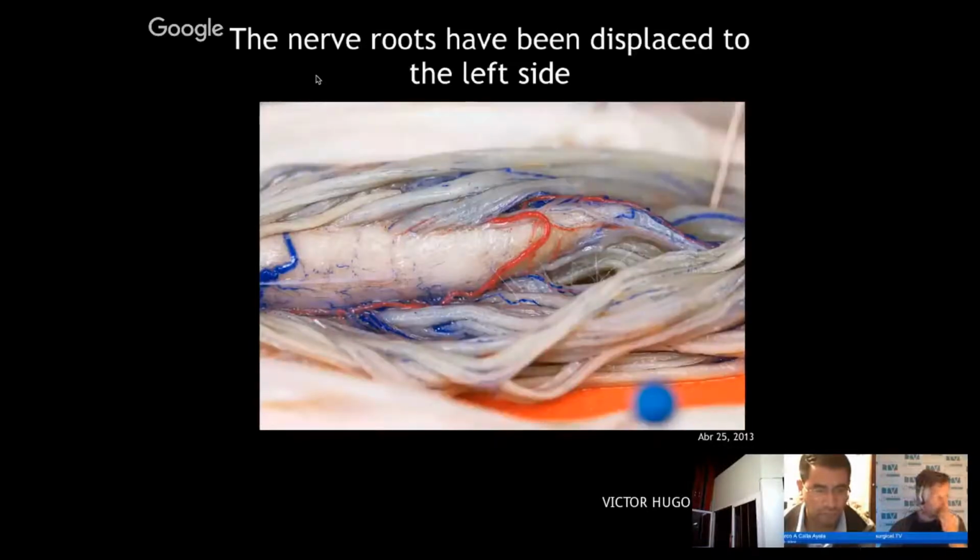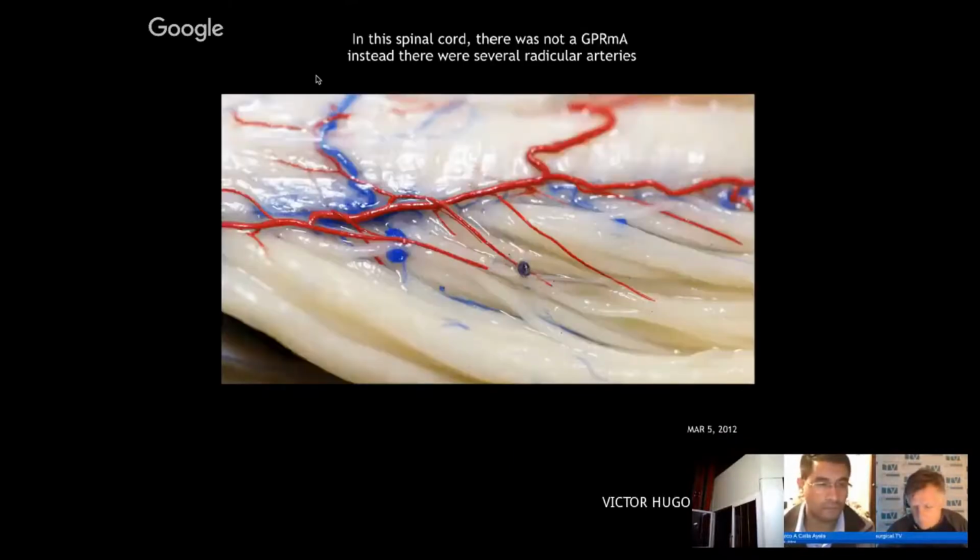The nerve roots have been displaced to the left side, and we can see the lateral aspect of this beautiful anastomotic arch of the Adamkiewicz artery, giving rise to the posterior spinal artery. In this spinal cord, there was not a great posterior radiculomedullary artery.